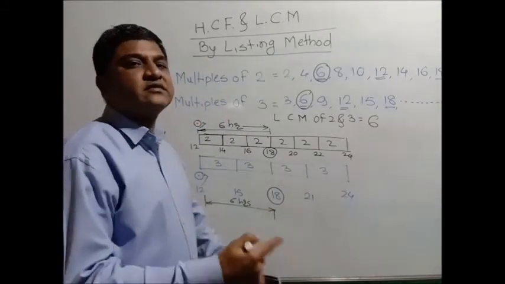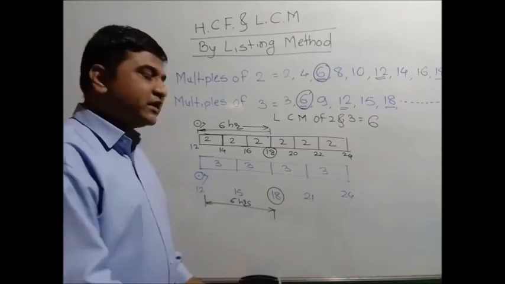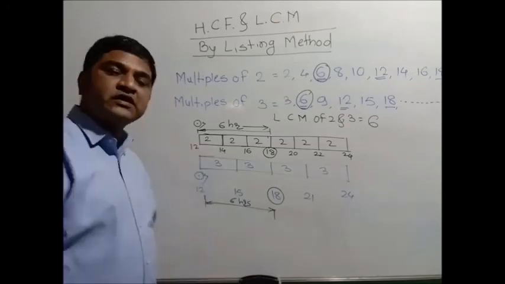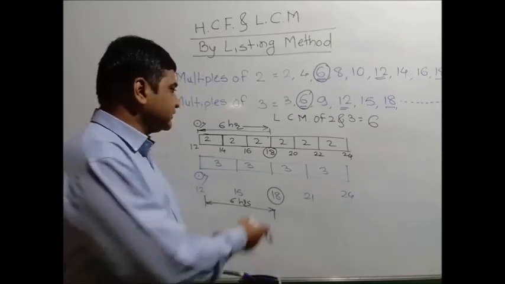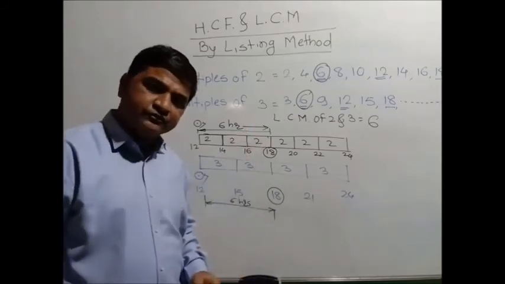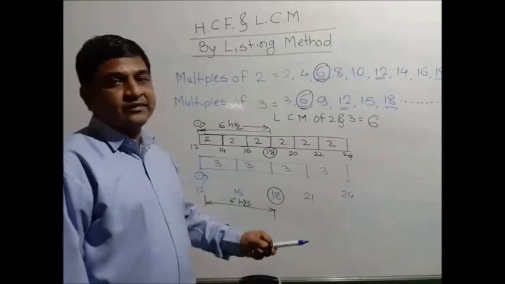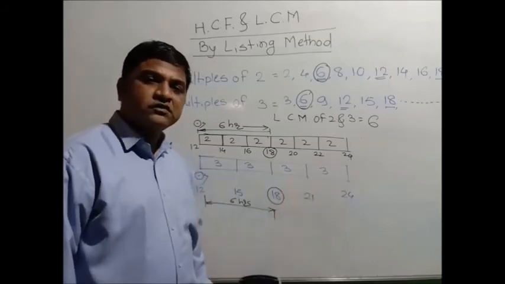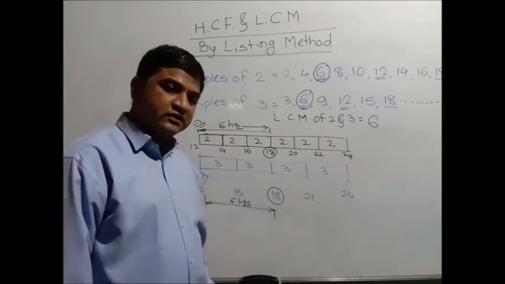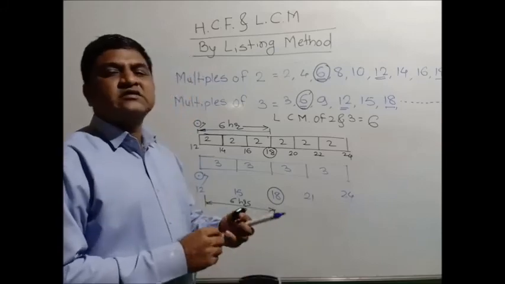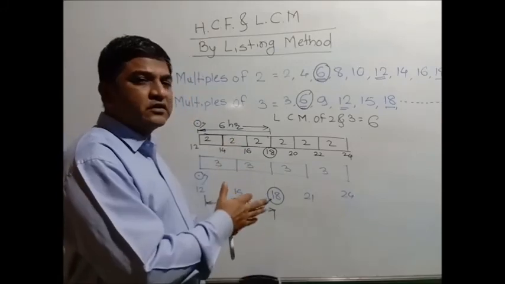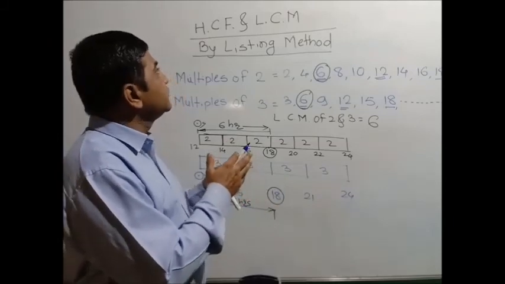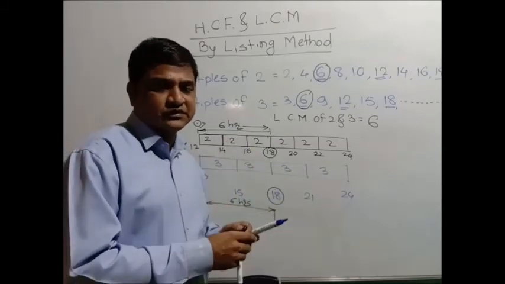So if the bells ring simultaneously at 12 noon, they will ring simultaneously at 6 p.m. and then at 12 night or 00 hours. So this is one example to show the use of LCM in mathematics.